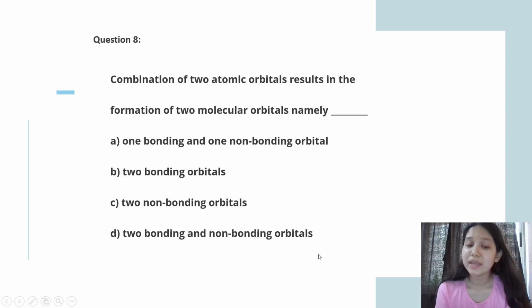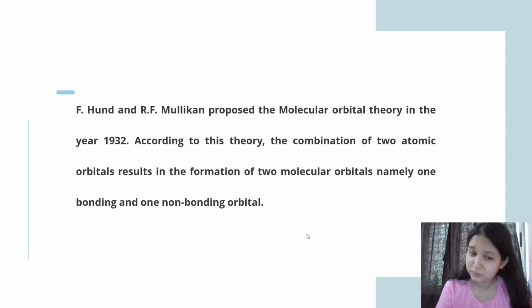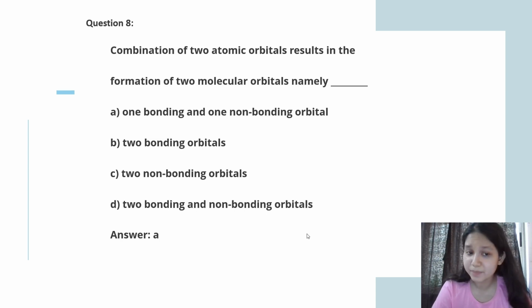But since in the four options provided we do not have any anti-bonding orbital, that is why I think the answer is mentioned as option A. But yes, I will definitely try to clear your doubt in the next session. Maybe the question is framed in a wrong way. But if only these four options are given, then we will have to answer it as one bonding and one non-bonding orbital.